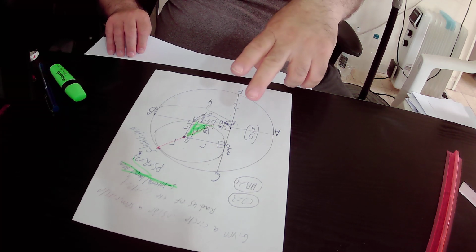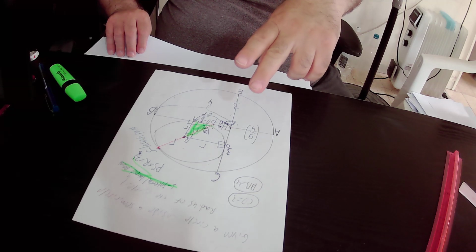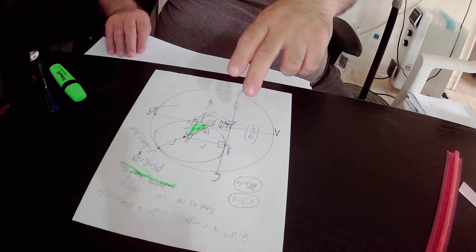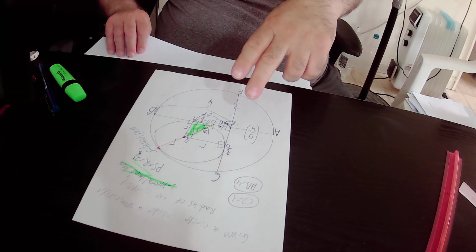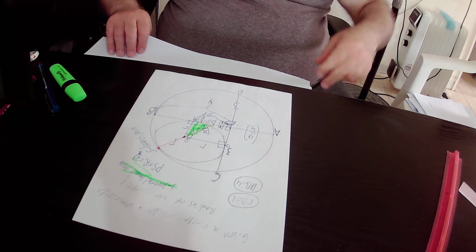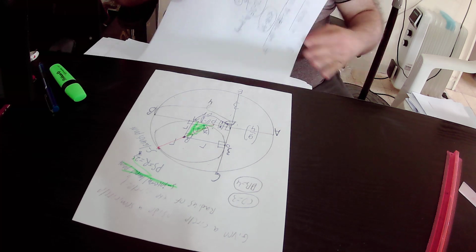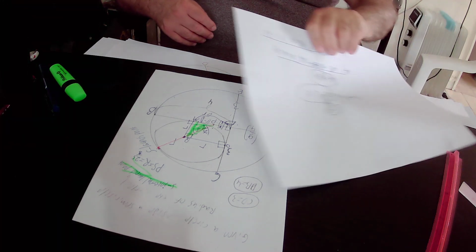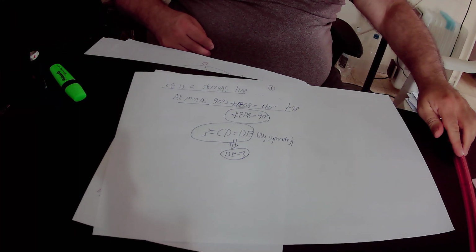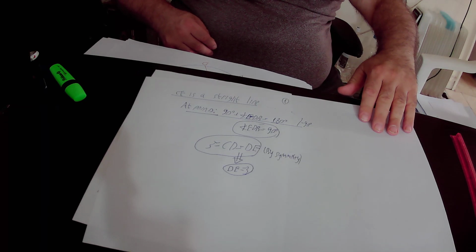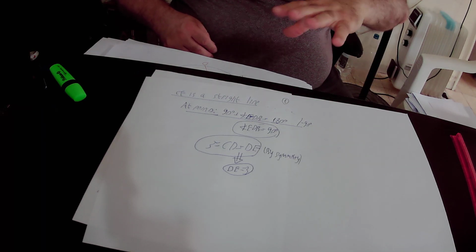So CE is a straight line, because when you extend a straight line by a straight line, the result must be a straight line.